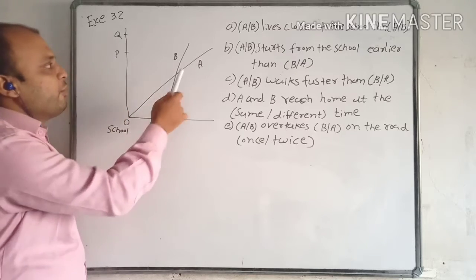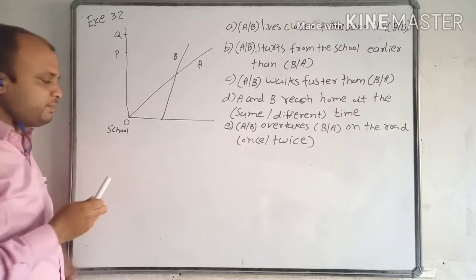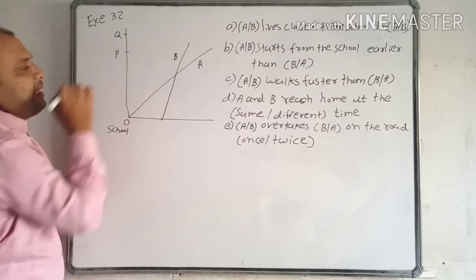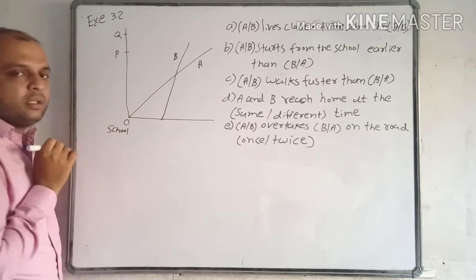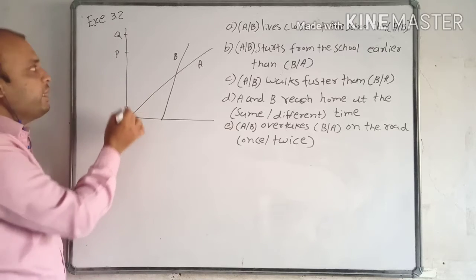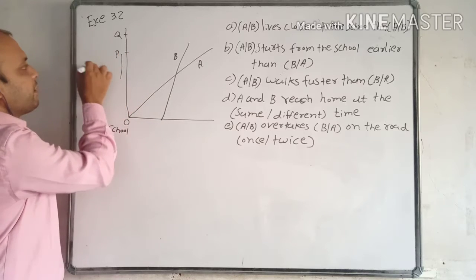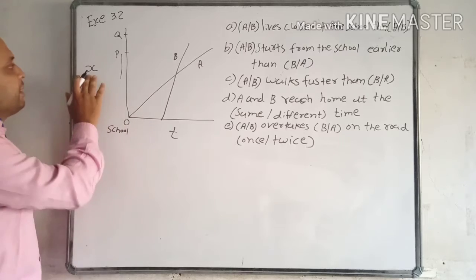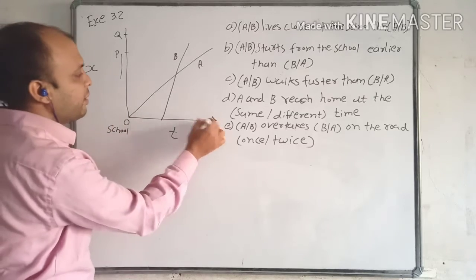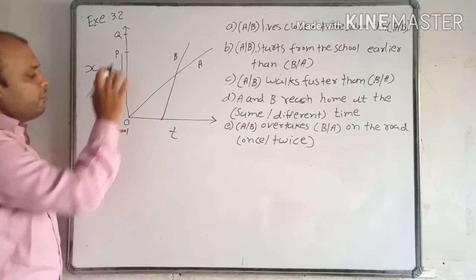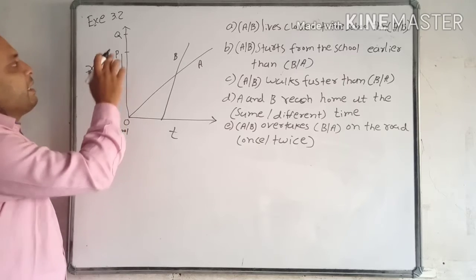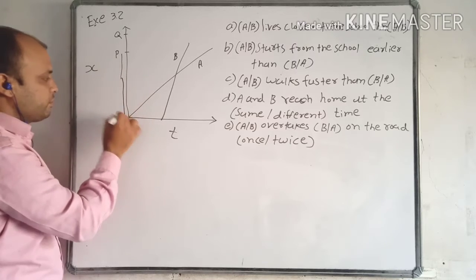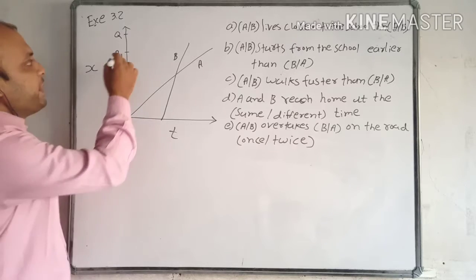From this graph we can see the school is at the origin, and P is the nearest point to the school. Sorry, I forgot to write x, distance and time. So school is the origin, and P is the nearest distance from the school.